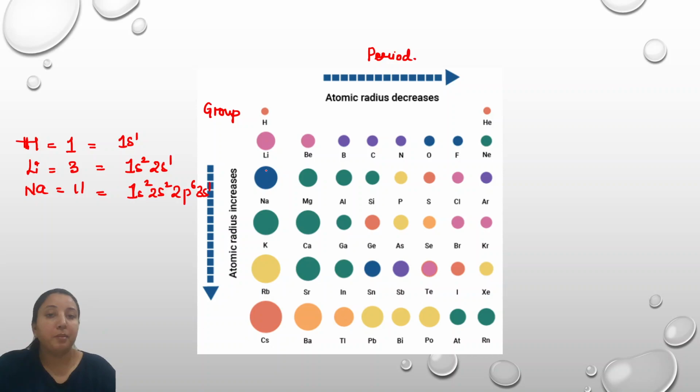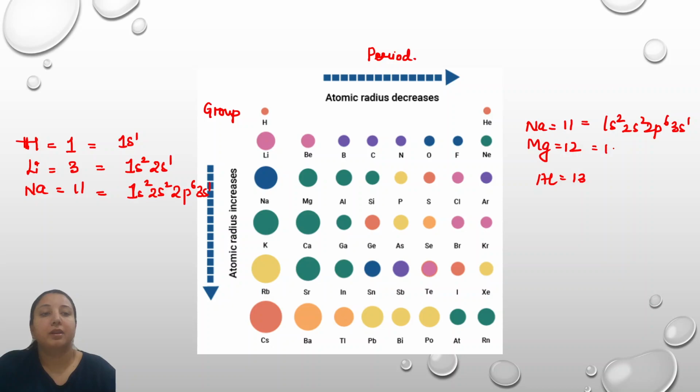But if you're talking about the period, say suppose we take sodium, it is 11, magnesium, it is 12, aluminum, it is 13. Now looking at the configuration, 1s2, 2s2, 2p6, 3s1, then 1s2, 2s2, 2p6, 3s2, then 1s2, 2s2, 2p6, 3s2, 3p1.